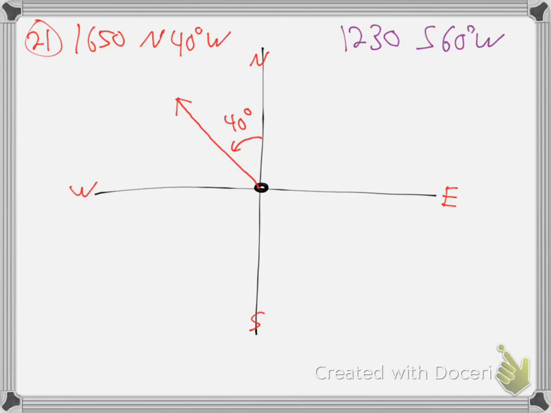Go ahead, do the purple one now. So the other one is 1230 south, 60 west. So straight south, but then 60 west of that. So that'd be kind of like that. Not so long. Kind of like that. And this is 60 like that, huh? We're good on those two.